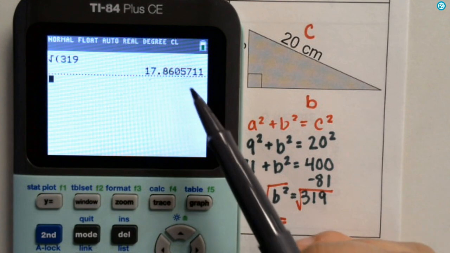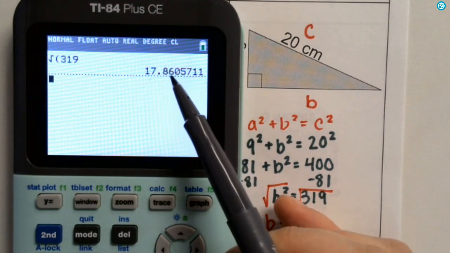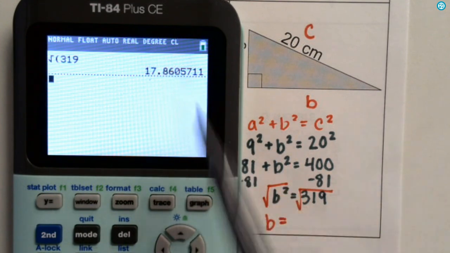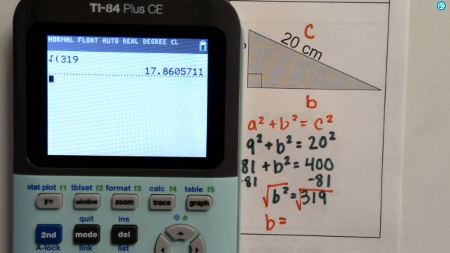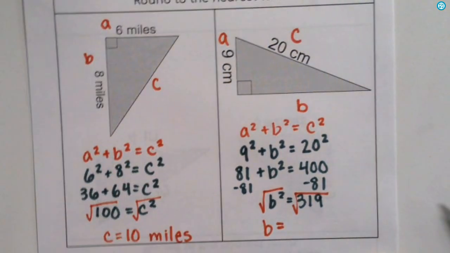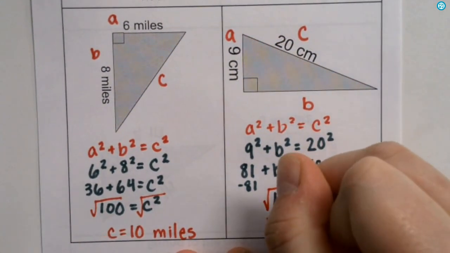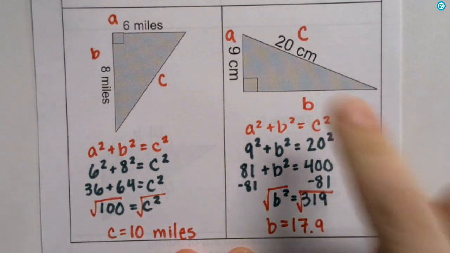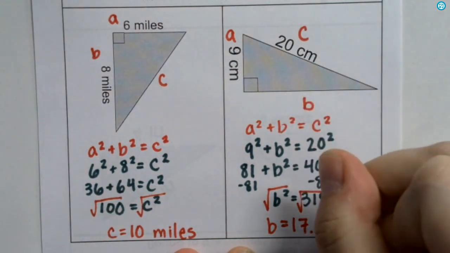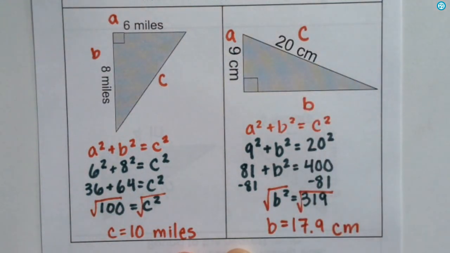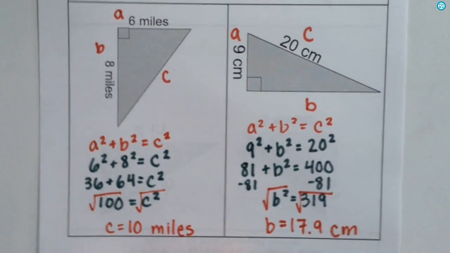The reason it rounds up is because the 6 after the 8 is 5 or higher. So our answer is 17.9. And then we need a label for units. So we look back and we see that it's centimeters. 17.9 centimeters. Okay. Any questions right now?